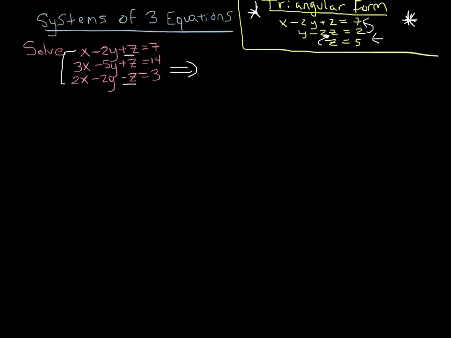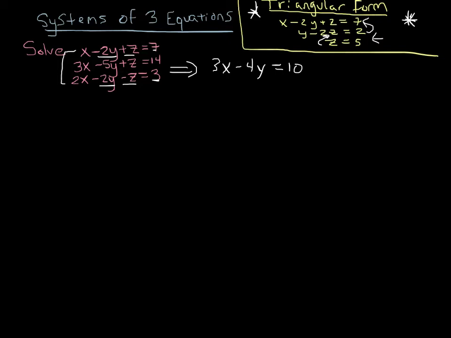When I add them together, I get x plus 2x is 3x. And I get negative 2y plus a negative 2y is a negative 4y. And then I add 7 plus 3, and I get 10. So that didn't eliminate all the variables, but it did eliminate one, which is helpful.